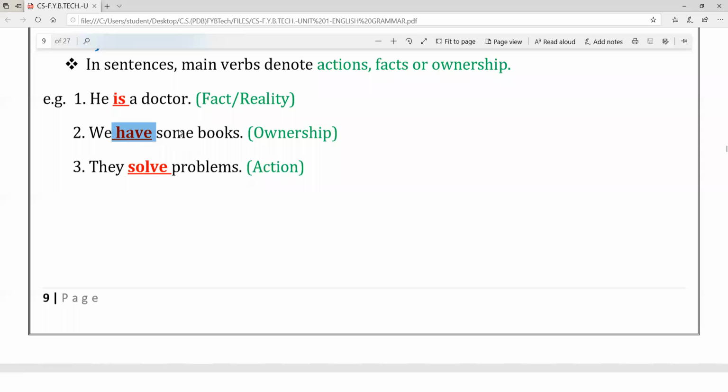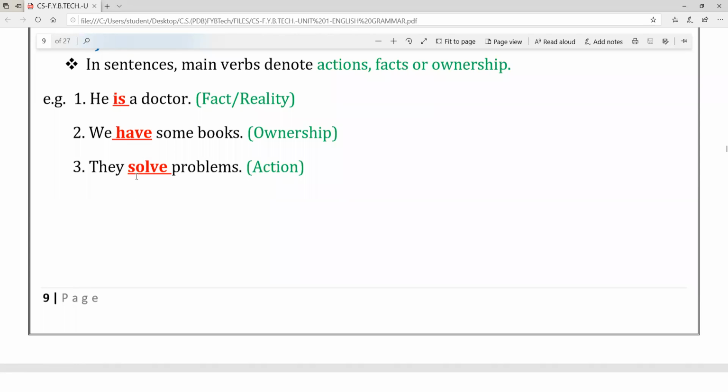It is used as the main verb, or it functions as the main verb in the sentence. Then the third example is: they solve problems.